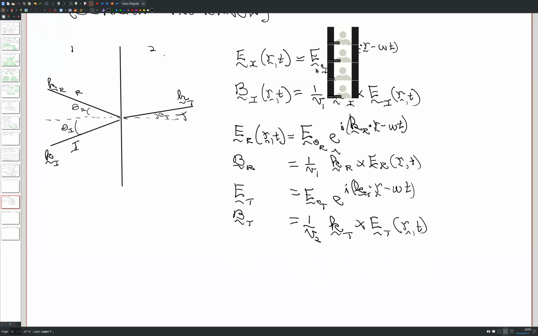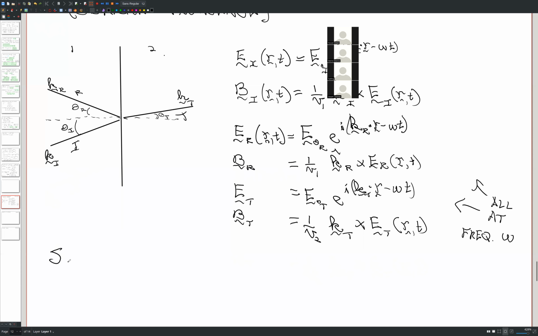Now, all waves are at the same frequency omega. So we know that to solve the wave equation in free space, we need omega equal to Vk.